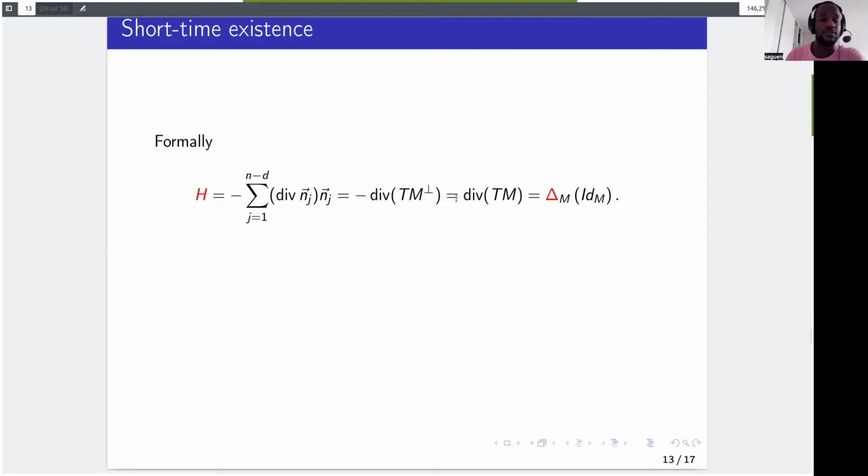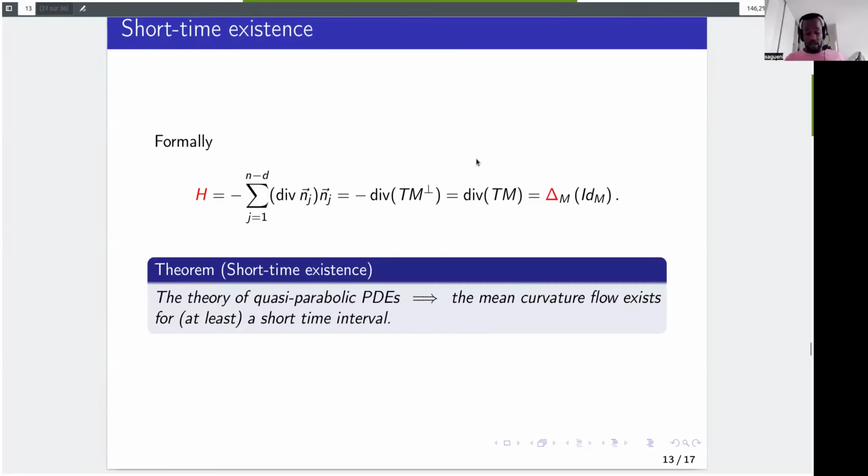This is formal, but we can make it rigorous. And the divergence of Tm, we can write it as the Laplacian of the identity of the manifold, because we know that the Laplacian is divergence composed with the gradient. We can understand Tm as the gradient of M, of the identity of M, so we get this formula.